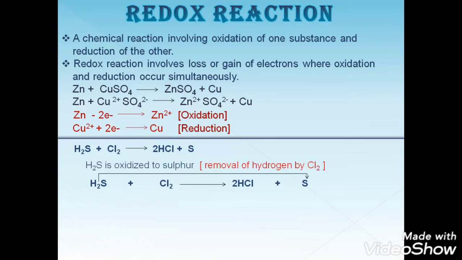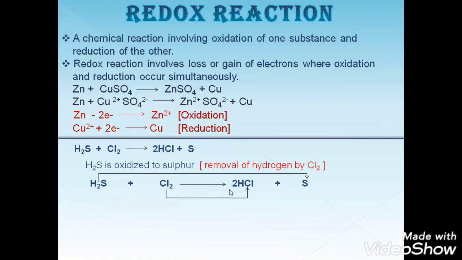See here, H2S is oxidized to sulfur because chlorine removes hydrogen from H2S. So because H2S is getting oxidized, it is a reducing agent. Like that you should learn. Hydrogen sulfide, I repeat, is getting oxidized, but it is a reducing agent.